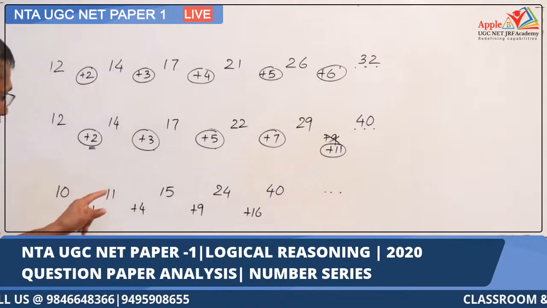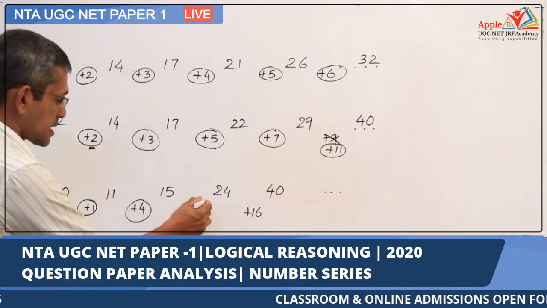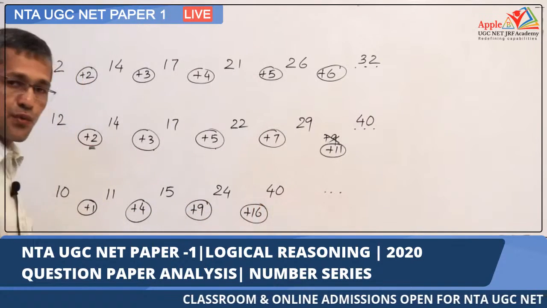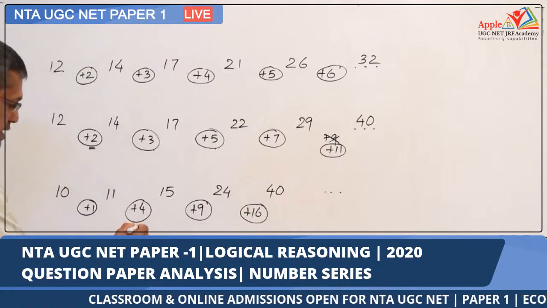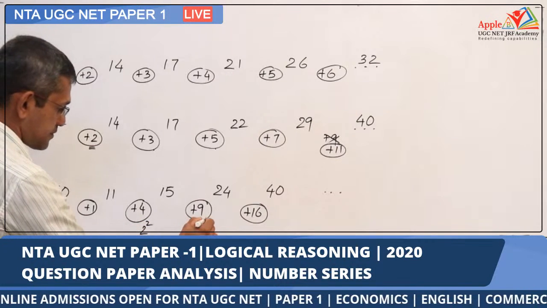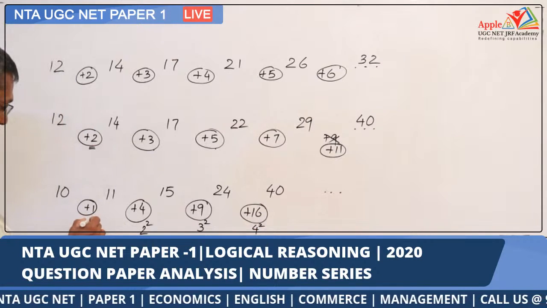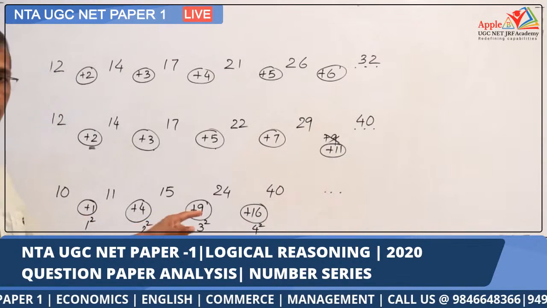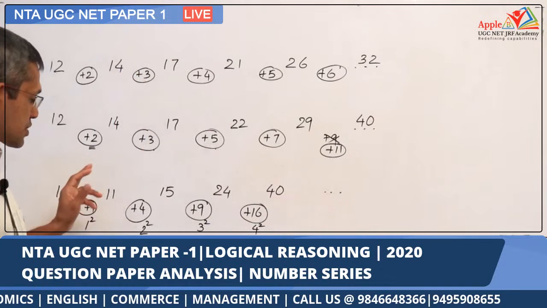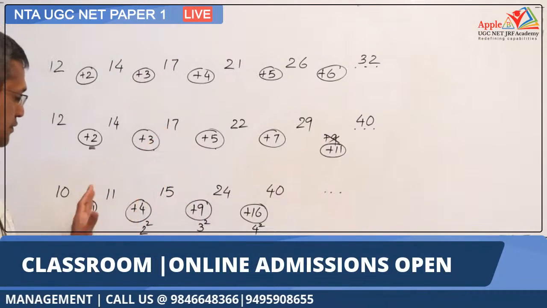So the differences are plus 1, plus 4, plus 9, and plus 16. What's the peculiarity of these numbers? At a glance, we can see that this is 2 square, this is 3 square, this is 4 square, and naturally this is 1 square. So these differences are squares of natural numbers starting from 1: 1, 2, 3, 4.